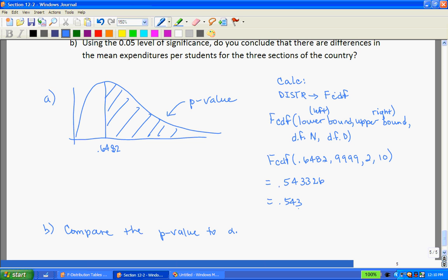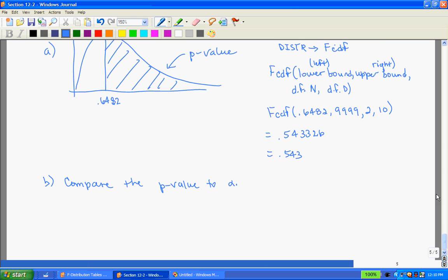Well, 0.54 is not lower than 0.05. It's actually larger. So since 0.543 is larger than alpha equal to 0.05, we fail to reject H naught.